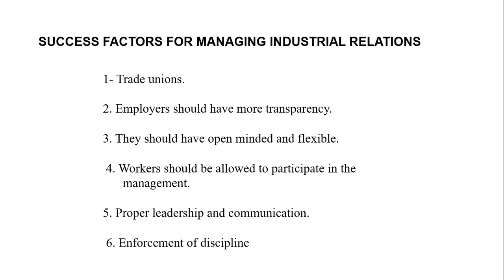Other topic we'll discuss today, success factors for managing industrial relations. Number one, trade union. For example, in Arabic, to be understood by you, what's called نقابة الغزل والنسيج. This is the translation or one of the examples of trade union.